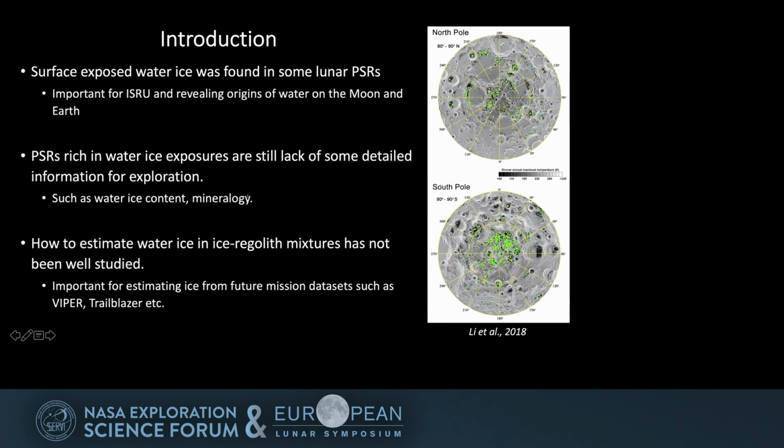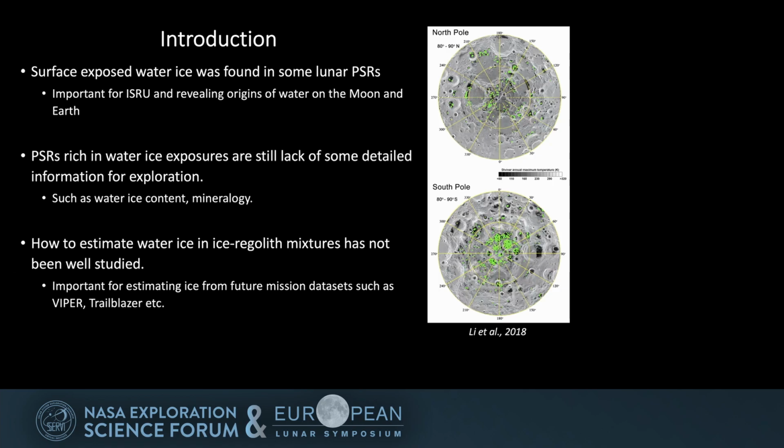So as we know, surface exposed water ice was recently found in some lunar PSRs. Here's the map on your right side, North Pole and South Pole. We know it is important for in situ resource utilization, and also that ice may still preserve the features of their origins that may help to reveal the origins of water on the Moon and the Earth, and even the inner solar system.